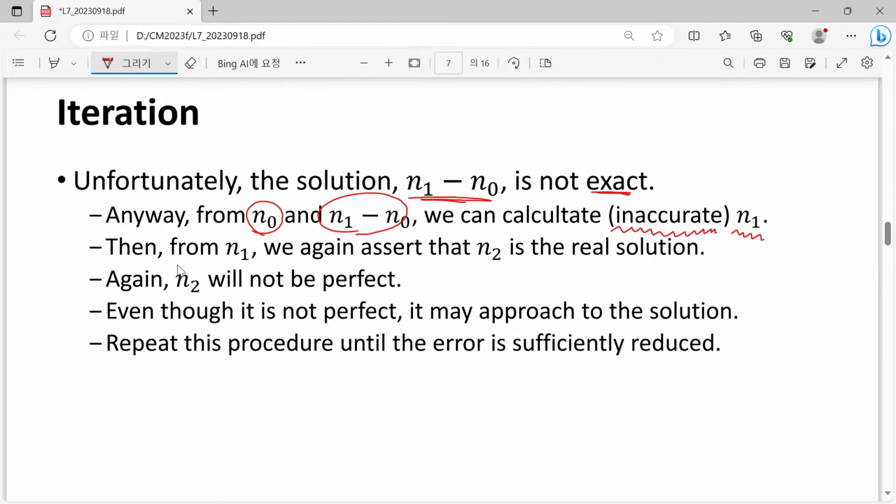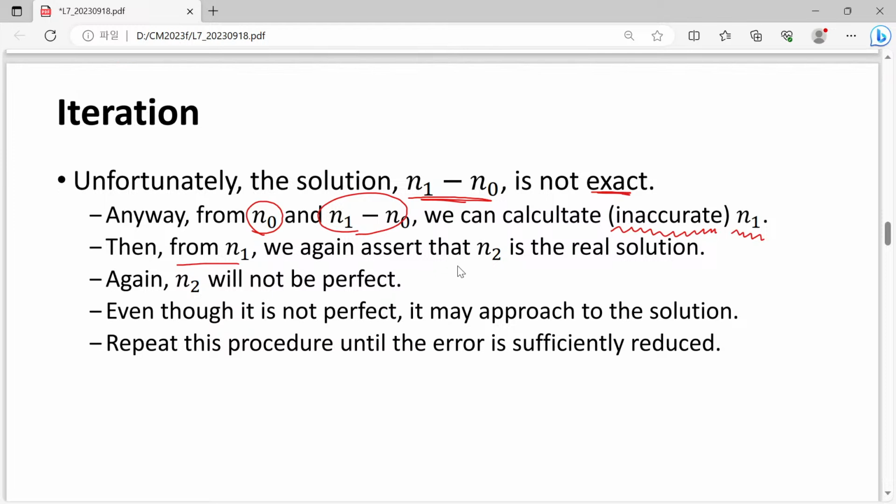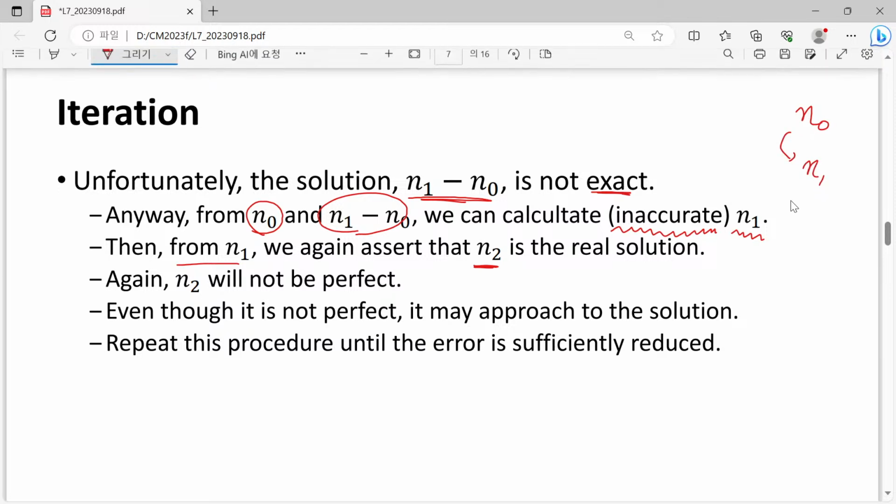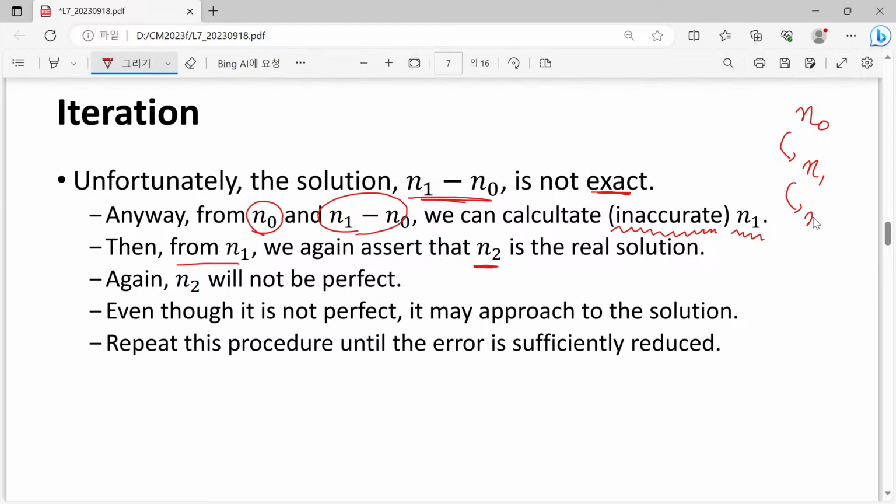Then from n1 we can calculate once again n2 following the same procedure. So starting from n0, which was quite awful, we can move to n1, improved, and n2 much better, and n3 even better.